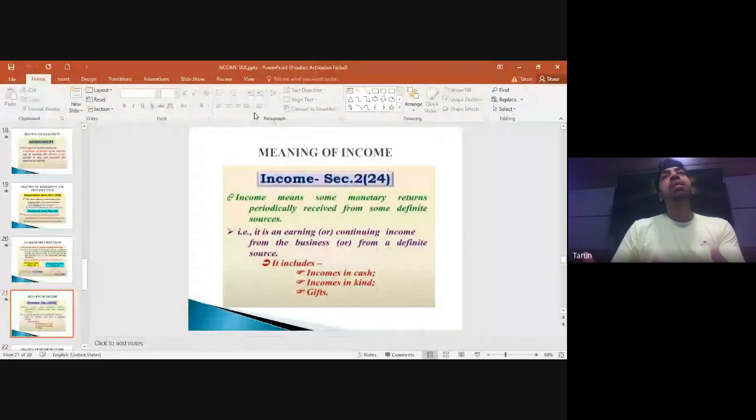Any income that you have earned from your agricultural sector is also a part of the income. So income is not exactly one term. It's a very broad term, right? Income means some monetary return from any sort of sector.